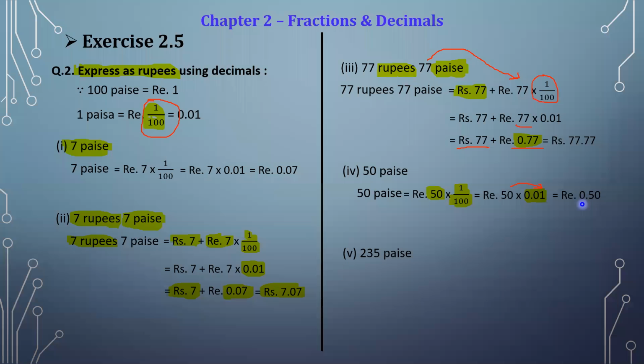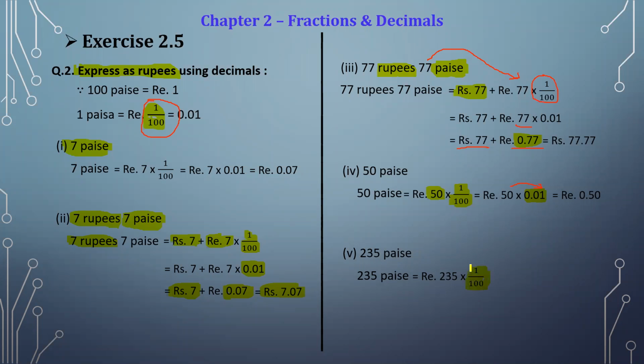And the last one is 235 paise. Again we have to convert this paise into rupees. A similar conversion applies: multiply this 235 with the value of 1 paisa, which is 1 upon 100.